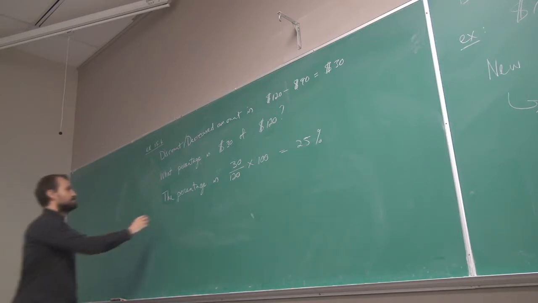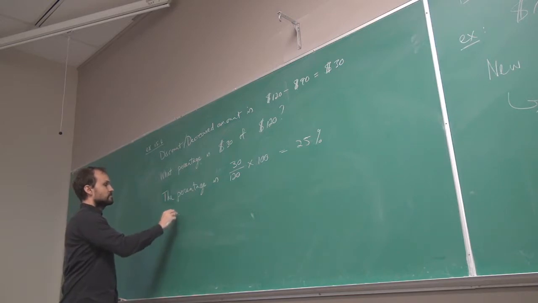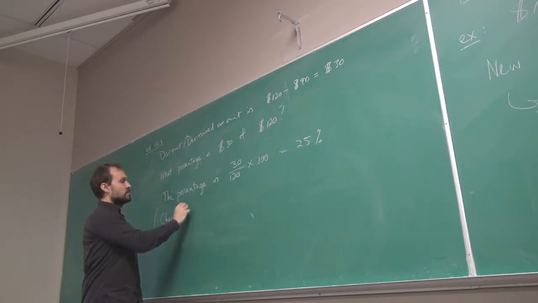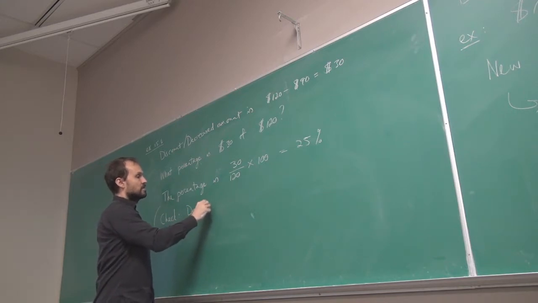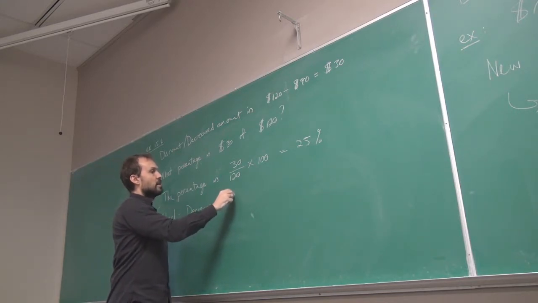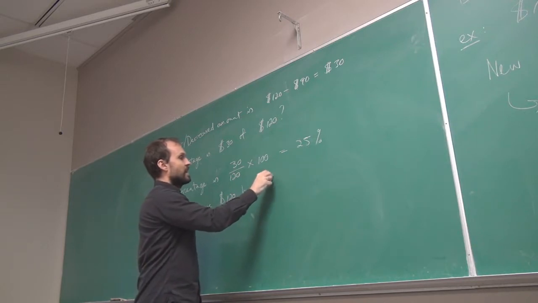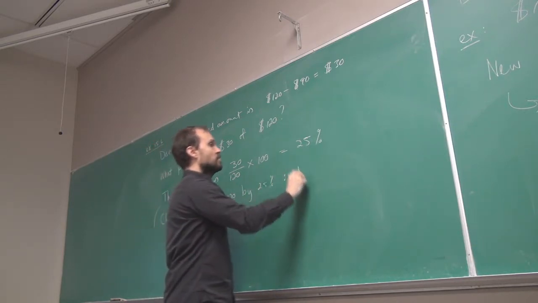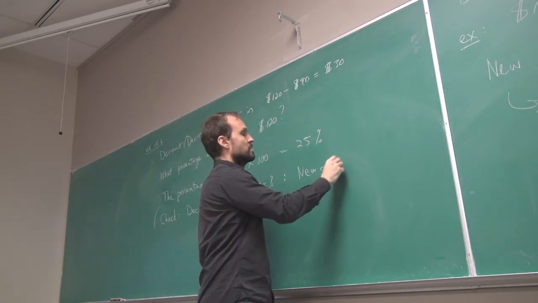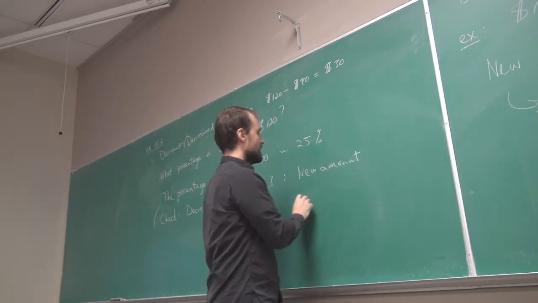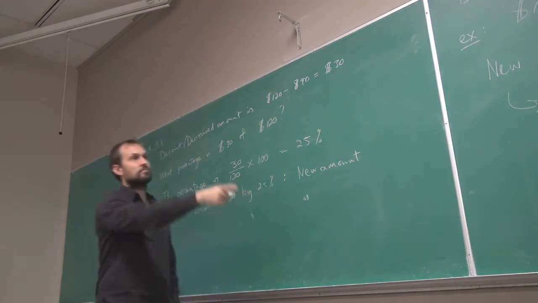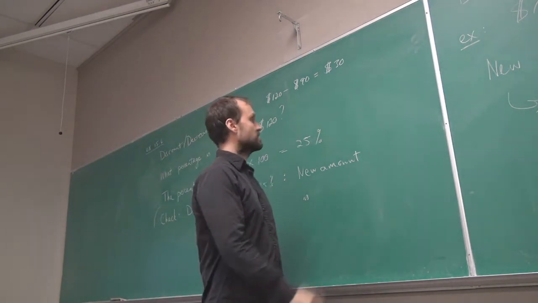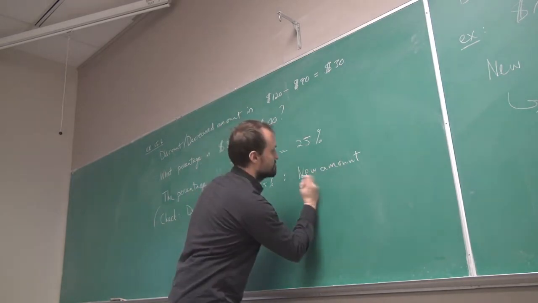We can check it. As a side note, if I decrease $120 by 25%, then the new amount, if we did everything correctly, should be 90, but we have a calculation for how to decrease by a percentage. So it's my original, whoops, sorry.